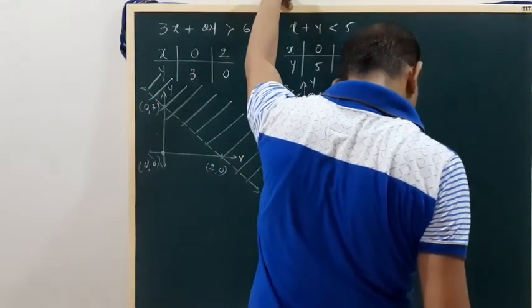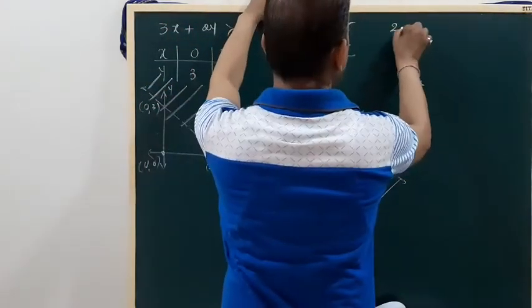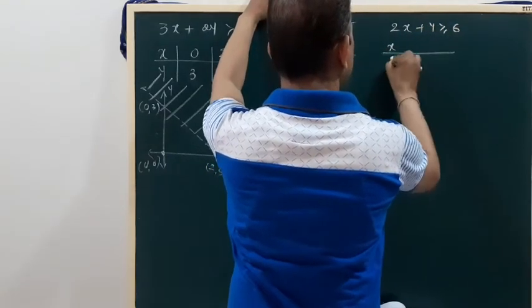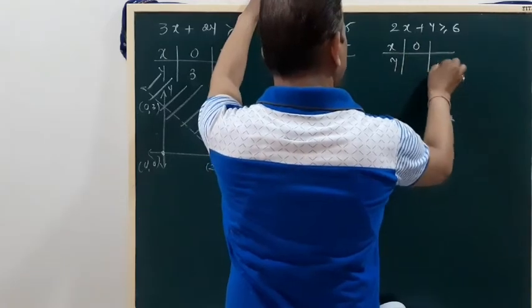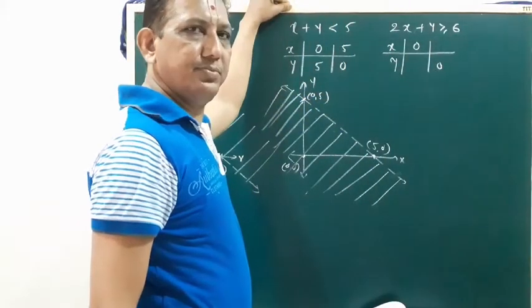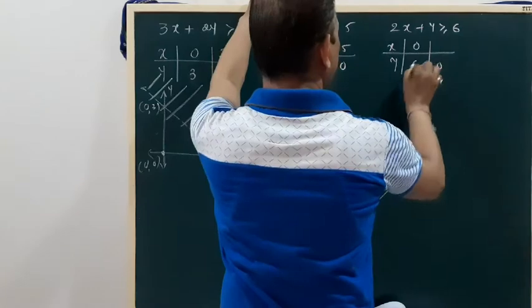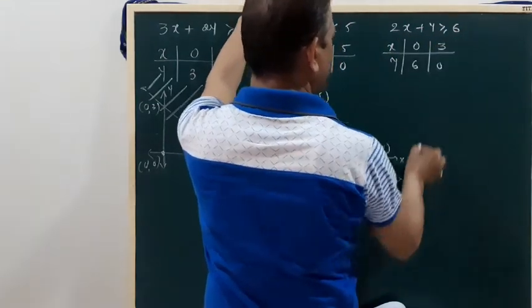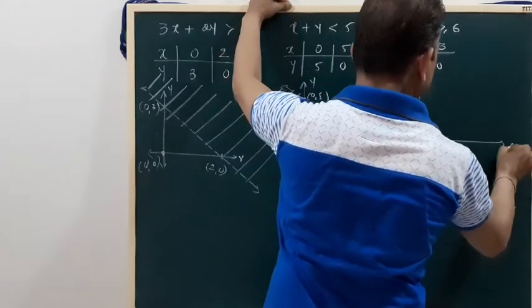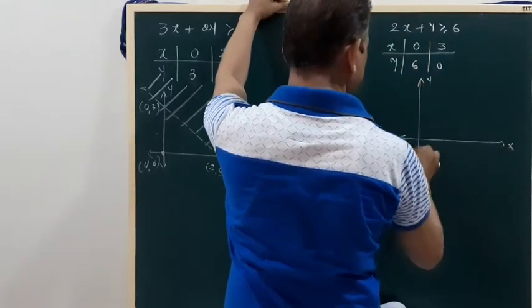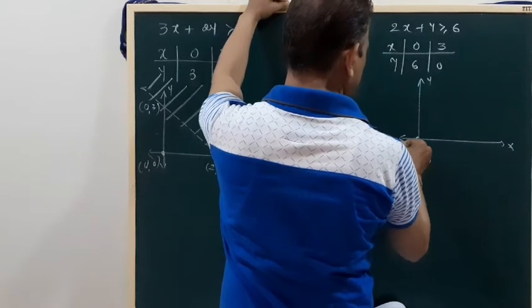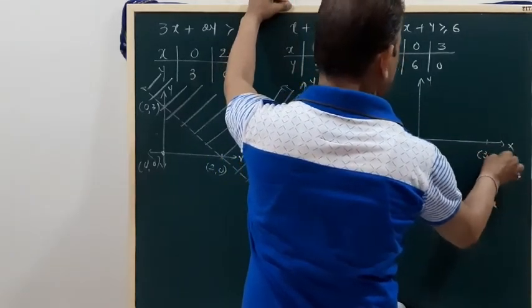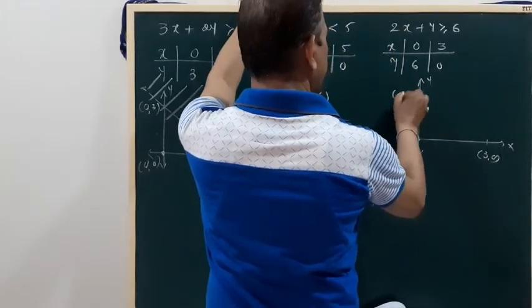Now the second question: 2x plus y greater than or equal to 6. First the table. Put x equal to 0, so y equal to 6. And put y equal to 0: 2x equal to 6, x equal to 3. Again both values are positive. The points are 0, 0; 3, 0; and 0, 6.